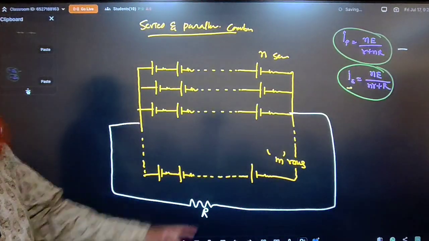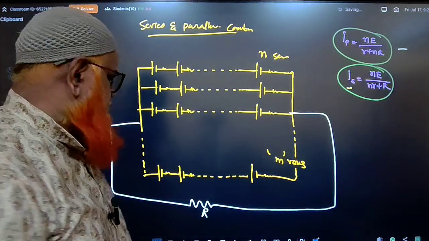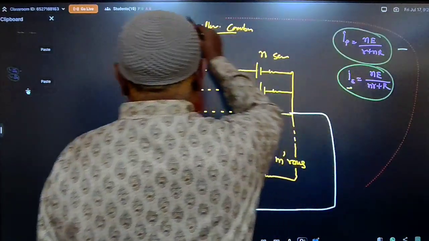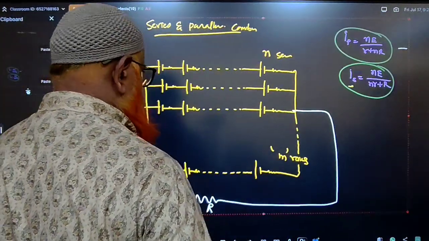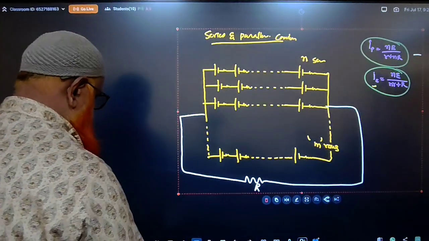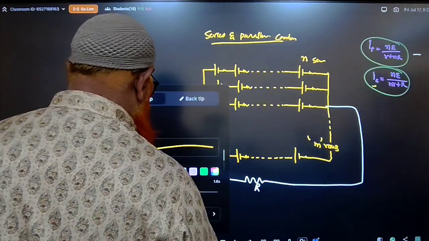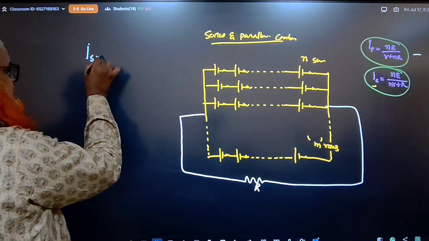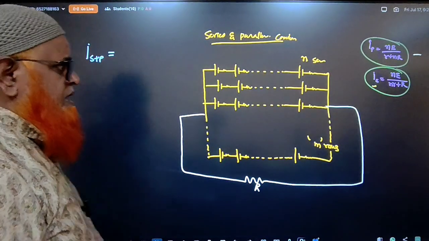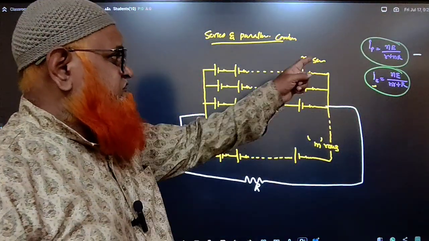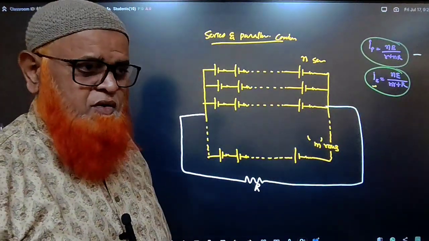So with this, by using these two equations, you can create a final equation now. What is that final equation you are going to create? Let us see. Okay. So here this is a combination of just series plus parallel both combined together. Instead of N in parallel, M rows are there, no?